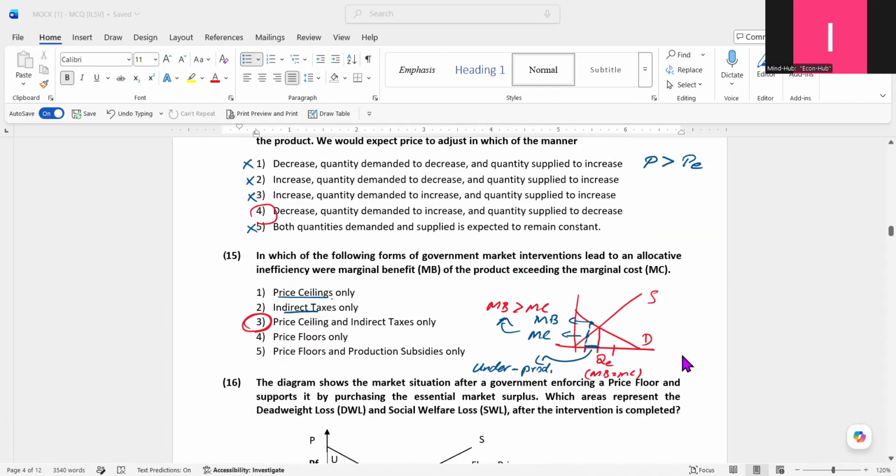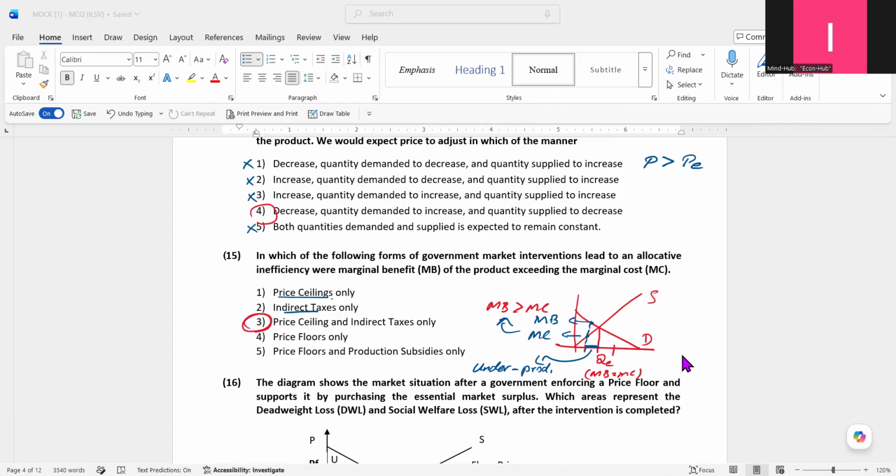15. In which of the following forms of government market interventions lead to allocative inefficiency where marginal benefit of the product exceeds the marginal cost? So you ask for a specific situation of allocative inefficiency or a deadweight loss created where we have marginal benefit more than the marginal cost.